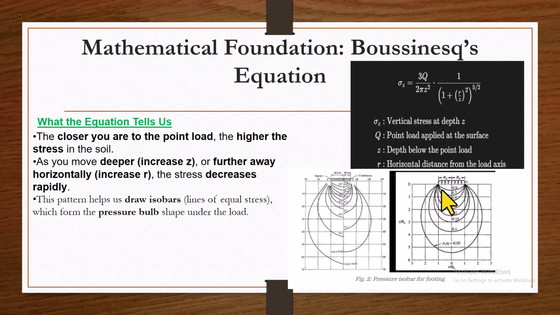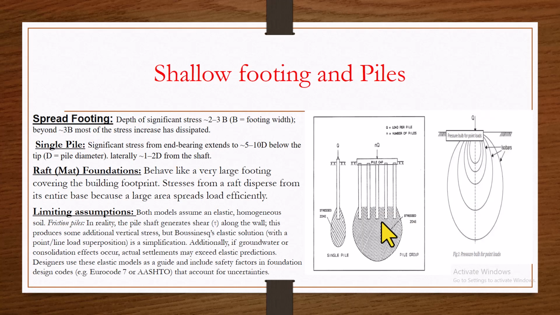But when it comes to a pile, you see that the resistance to the load is not only by the end of the tip, but also by the side friction. So for the tip alone, the zone of influence will fall within 5 to 10 D, and D is the pile diameter.